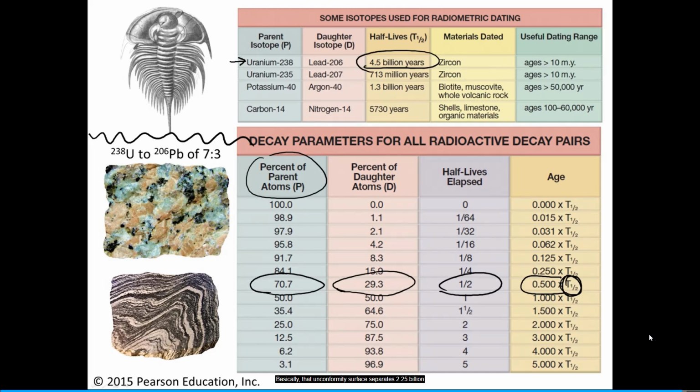Basically, that unconformity surface separates 2.25 billion-year-old rocks from rocks that are approximately 520 million years old. So there's a whole lot of time missing along that erosional surface. That unconformity is representative of a tremendous span of missing geologic time.